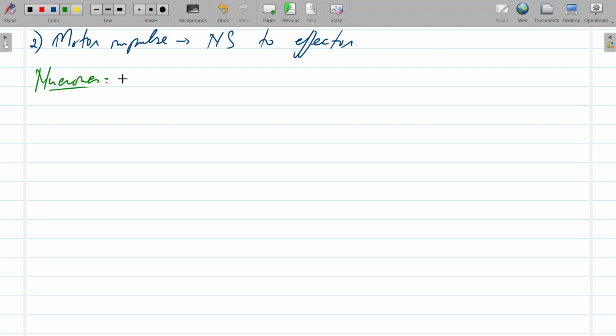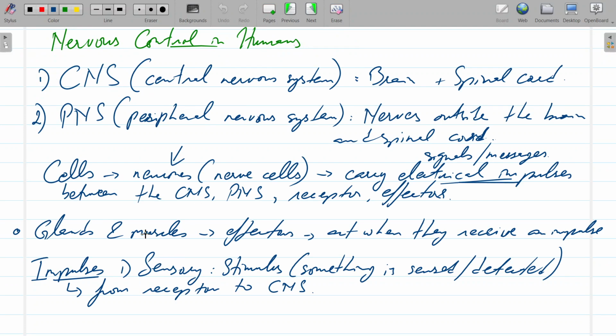There are three types of neurons. One are the sensory neurons, and you can guess that the sensory neurons carry the sensory impulse.